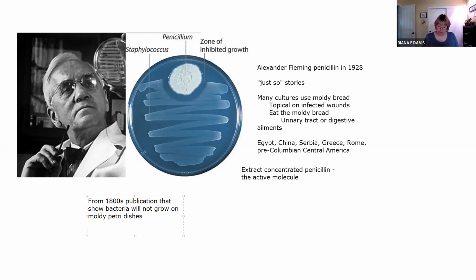And in fact, the mold that we get penicillin from had already been identified as a specific bacterial inhibitor. So Fleming gets the credit for his discovery, and certainly being able to extract the penicillin was a huge advantage, but it's standing on the shoulders of giants. This is always how science works. We tend to take one individual and put them up on a little pedestal and say, look what this person did. And it's always more complicated than that.